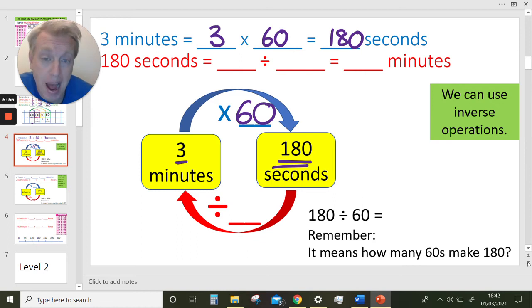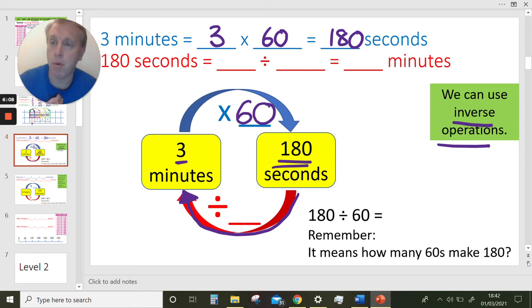How do we go back from 180 seconds to the minutes? It's inverse operations, isn't it? Remembering that dividing is the inverse of multiplying. It does the opposite. So 180, how do we make that into 3? Well, we're not timesing by 60, we are dividing by 60.